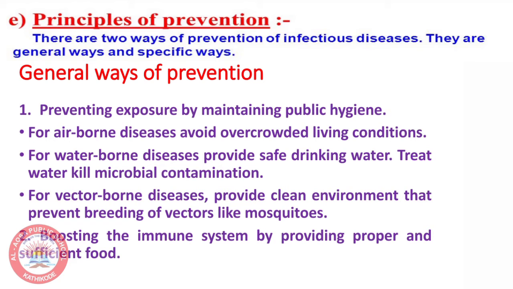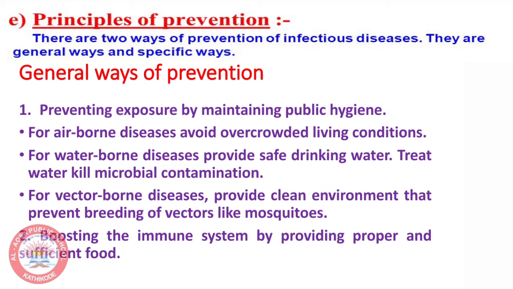For example, in the case of an airborne infection, we can prevent ourselves being exposed by providing living conditions that are not overcrowded. For waterborne microbes, we can provide ourselves with safe drinking water.